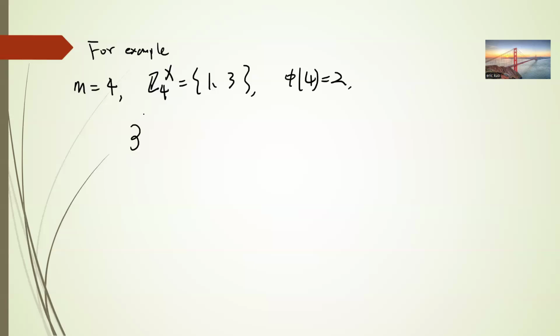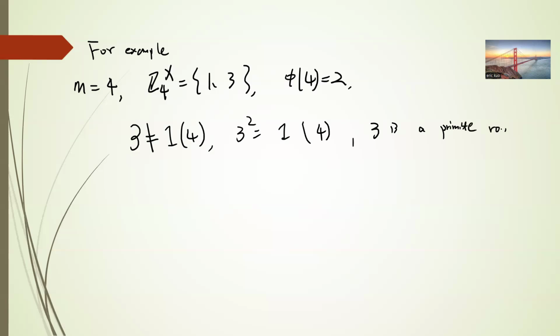For example, m equals 4. The group is basically 1 and 3, and phi of 4 is 2. 3 is not 1 mod 4, but 3 squared is 1 mod 4. So 3 is a primitive root.